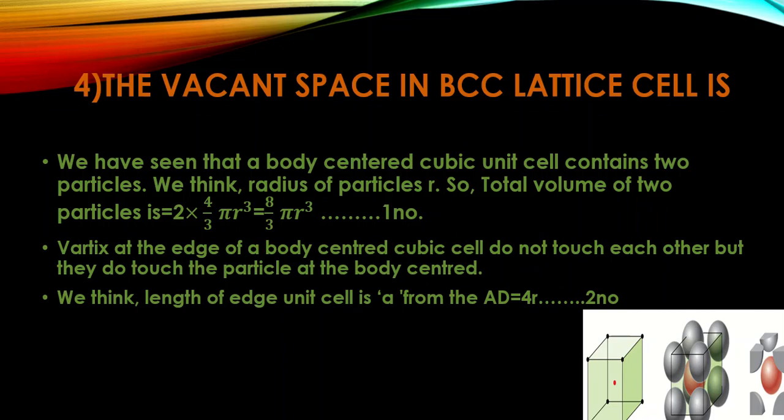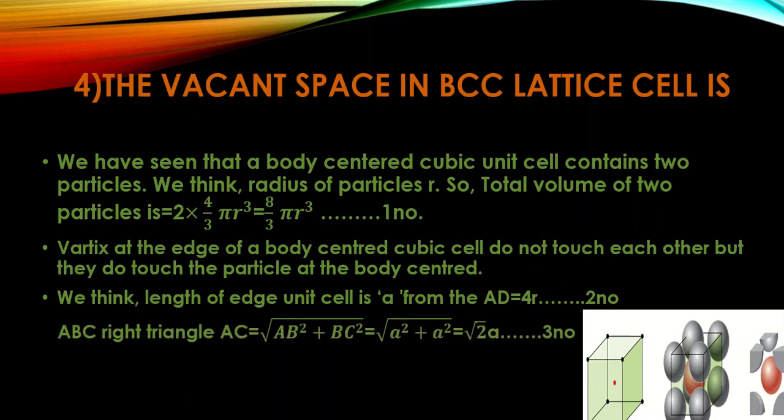From the diagonal AD, AD is equal to 4r. We see this is a circle, this is a circle, this is a circle. So here the radius of the middle circle is r, and the two halves are r each, so the total length of three spheres is equal to 4r. This is equation number 2.